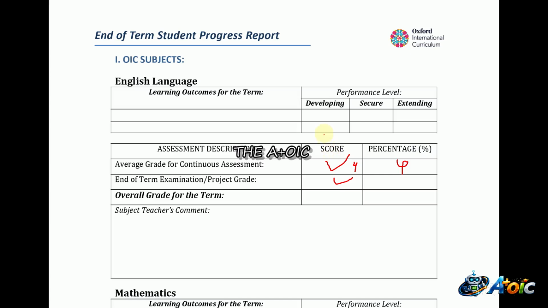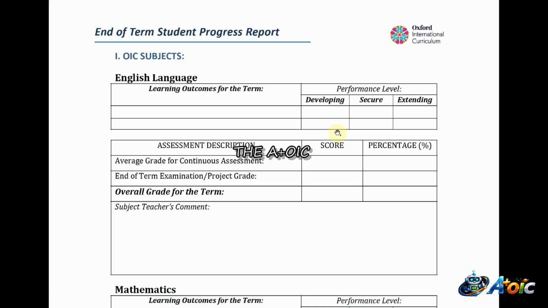And they have other subjects. So I'll say those are the 4 core subjects from the Oxford International Curriculum. And then we have other 3, that is well-being, sustainability, and global skills.